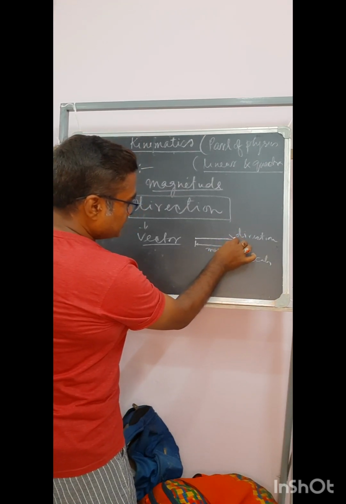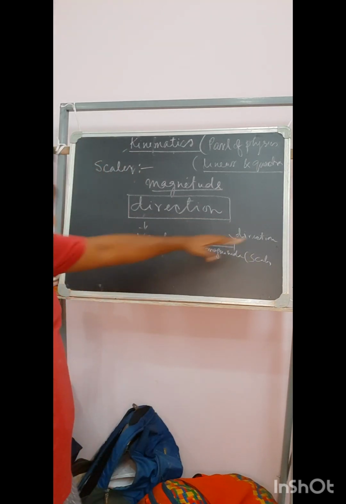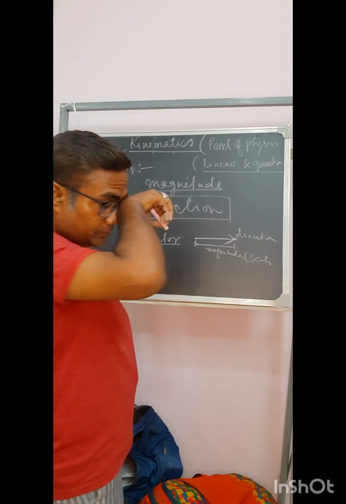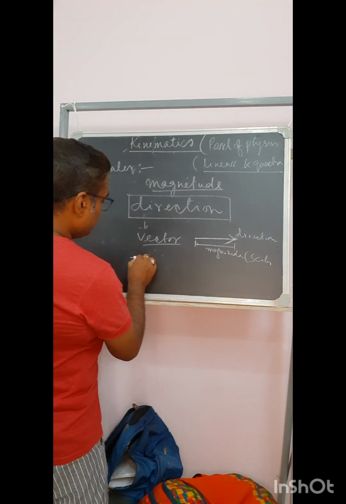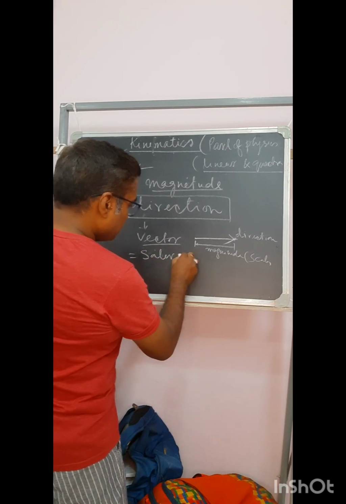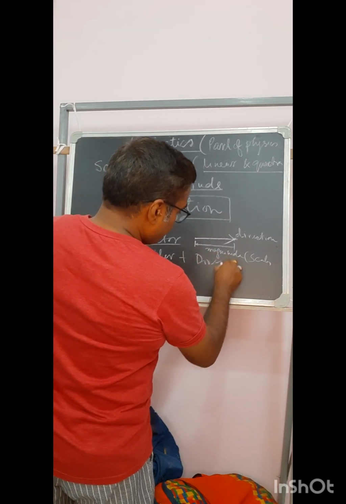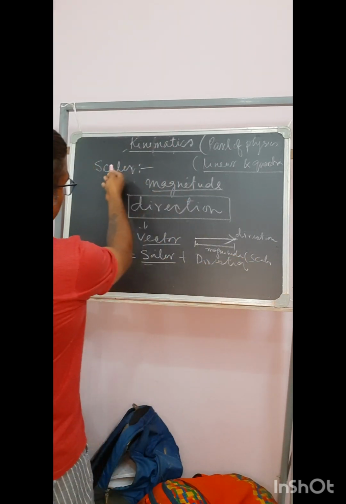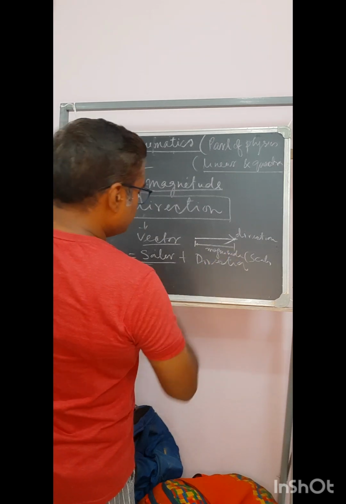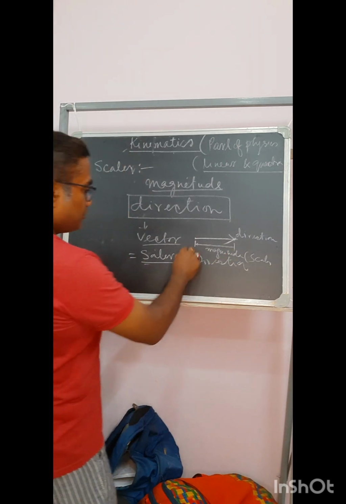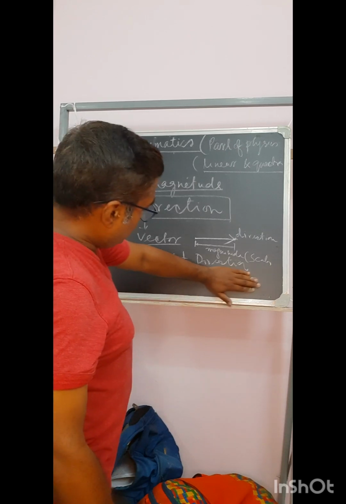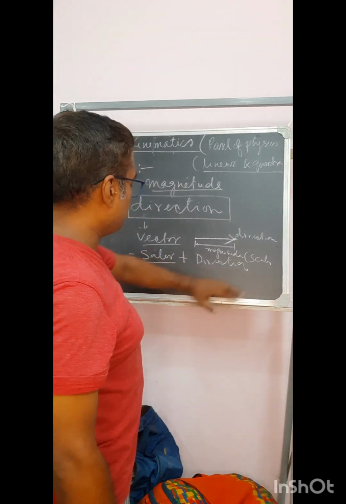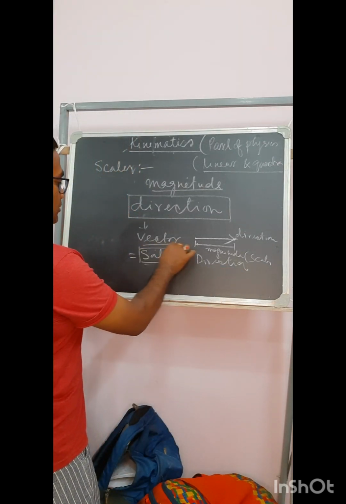But when I add this arrow sign specifically towards east, it turns into a vector. So the vector is nothing but scalar plus direction. The scalar part is the same, as it represents only the magnitude, so the scalar must be there in a vector, plus direction. If I don't describe any direction for a physical quantity, you can assume it as a scalar.